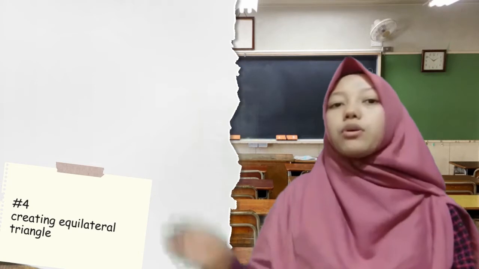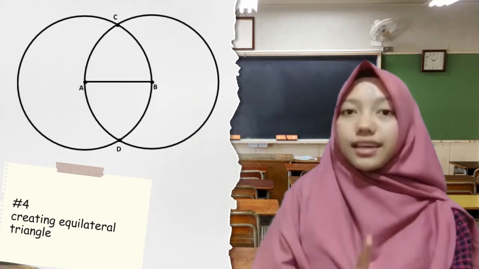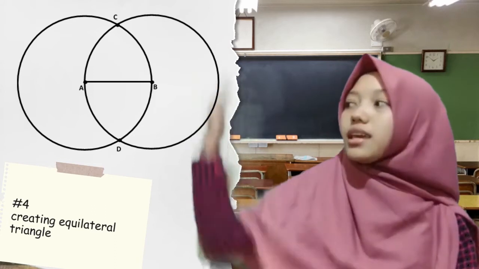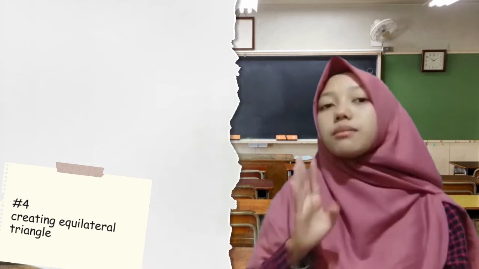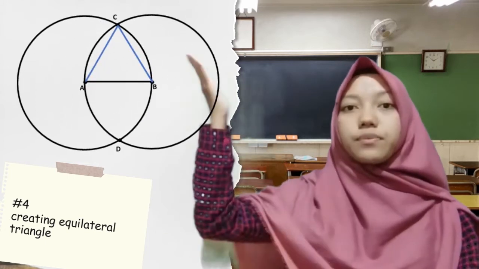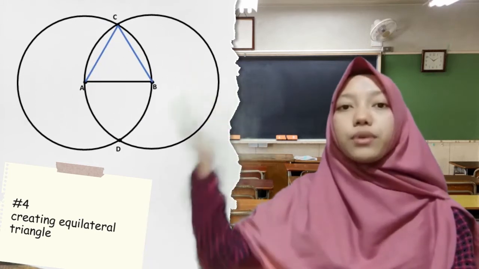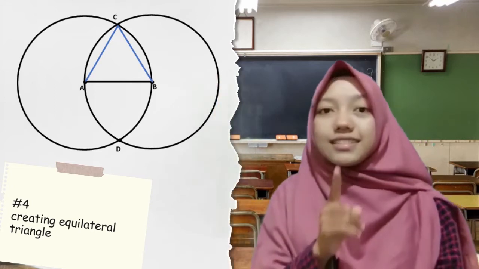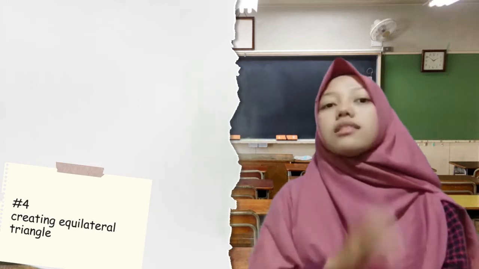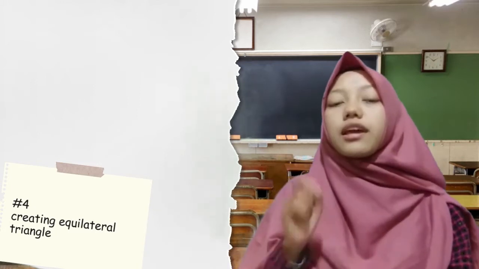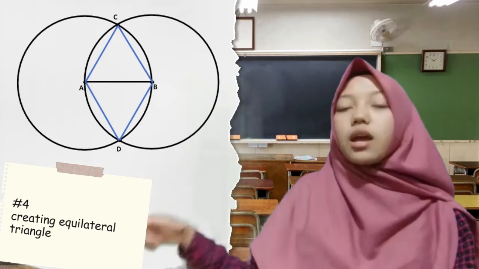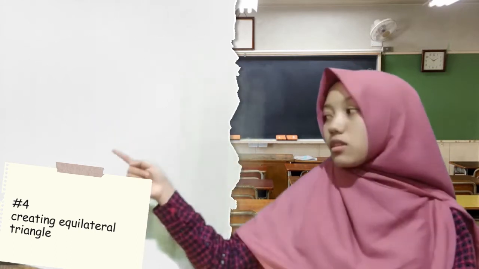Number 3, both circles will intersect at two points, namely point C and point D. Number 4, connect point A to point C and point B to point C. Then triangle ABC is equilateral. Number 5, connect point A to point D and point B to point D.